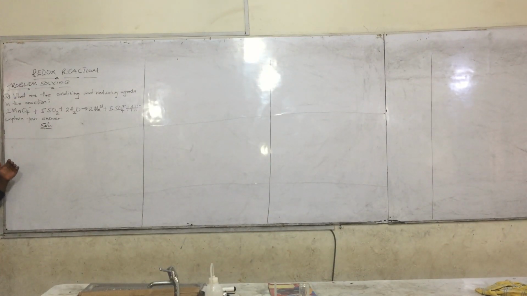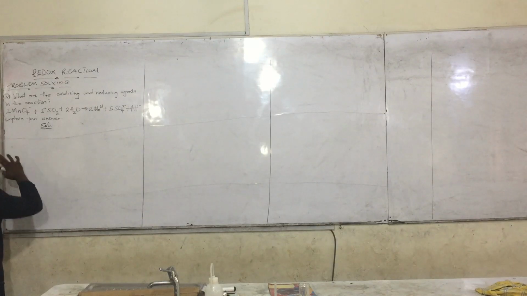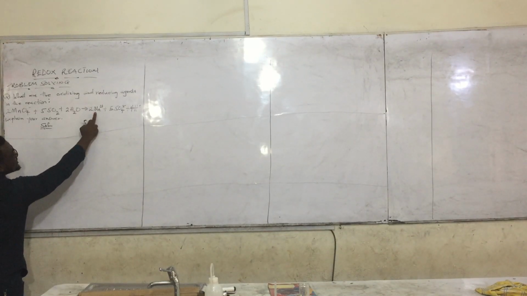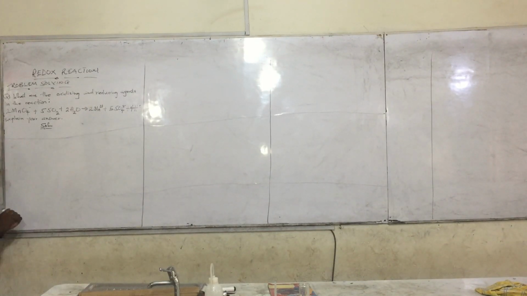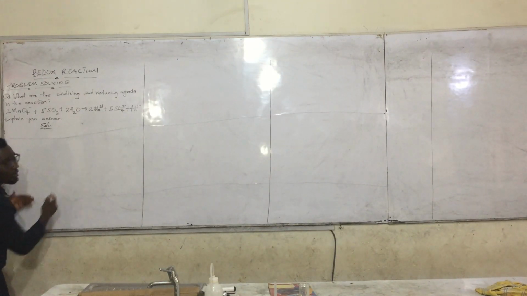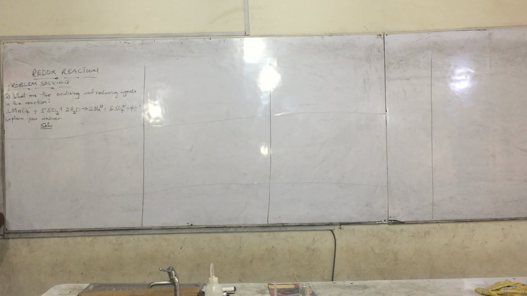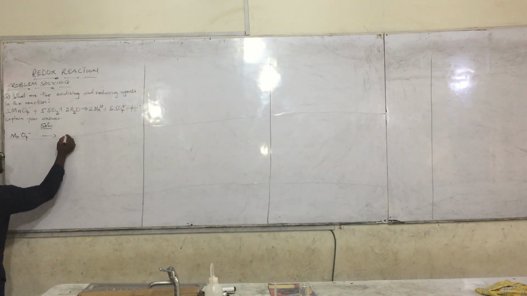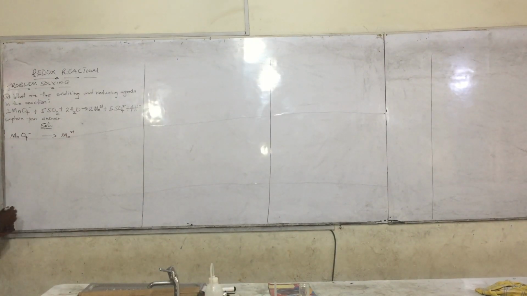Now we have this reaction. In fact, we have MnO4 minus, and then it produces Mn2 plus. So let's take Mn as the first compound and then its corresponding product: MnO4 minus, and the product we have Mn2 plus.